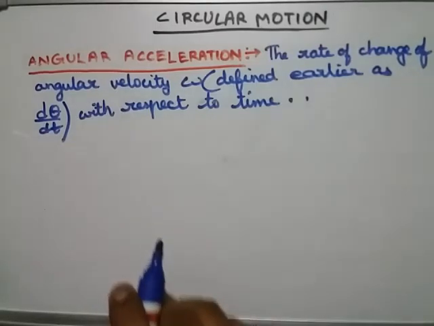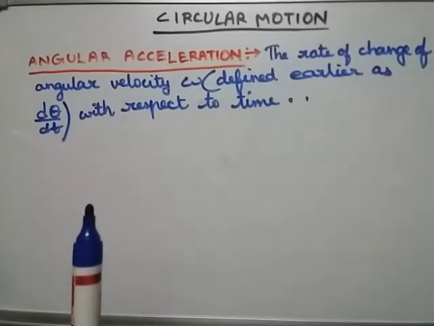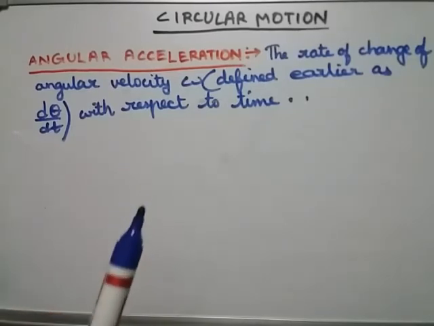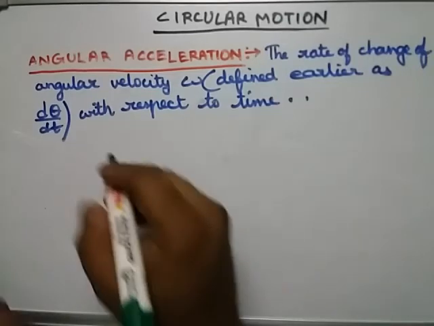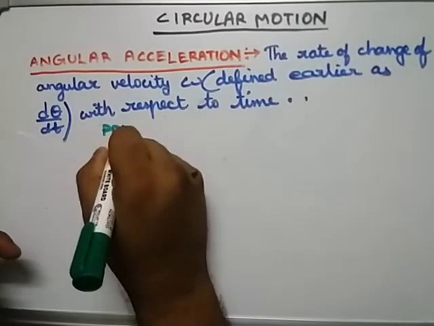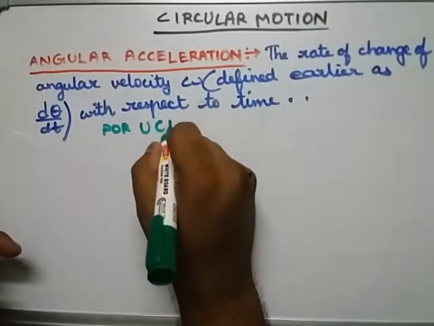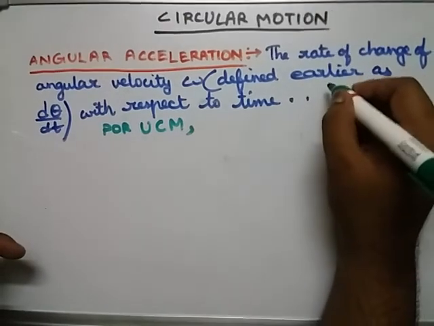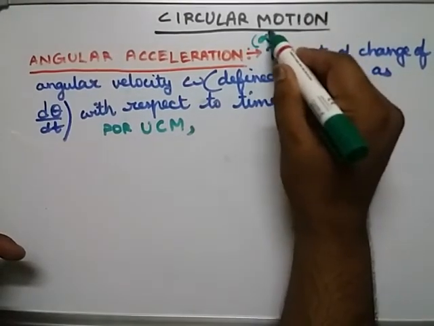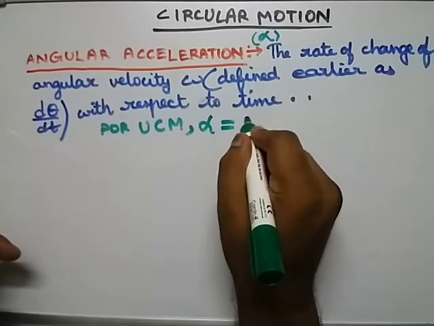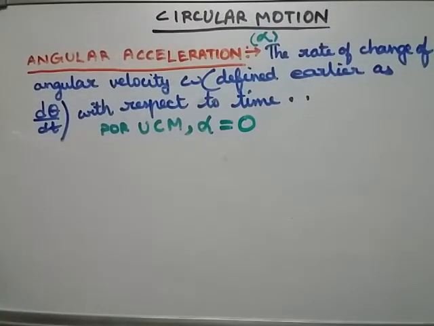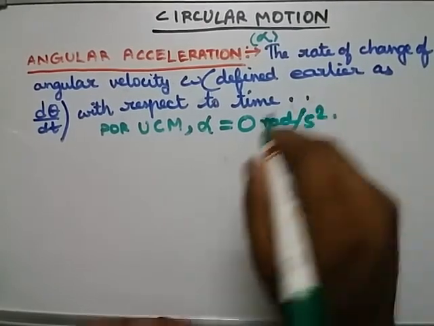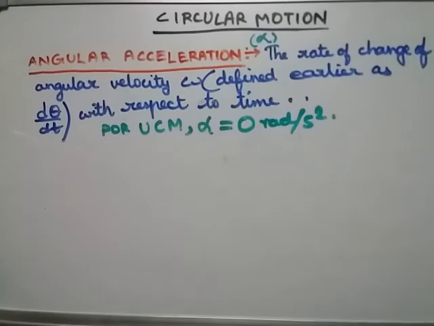Now this angular acceleration is 0 because omega is constant for a uniform circular motion. So for uniform circular motion, if we call this angular acceleration alpha, this alpha is equal to 0 radian per second square.